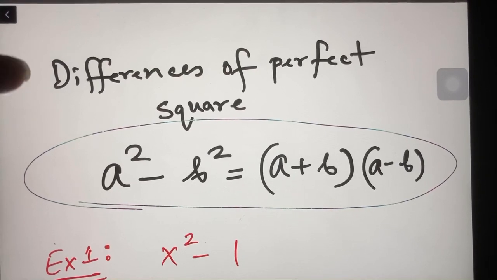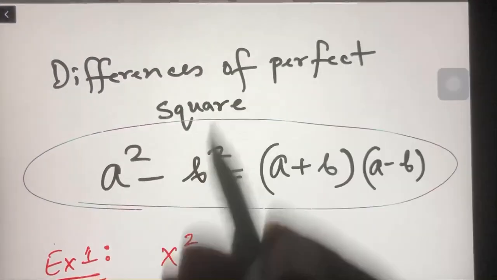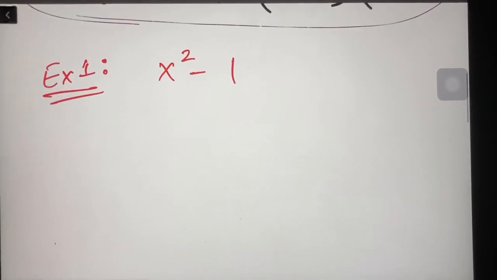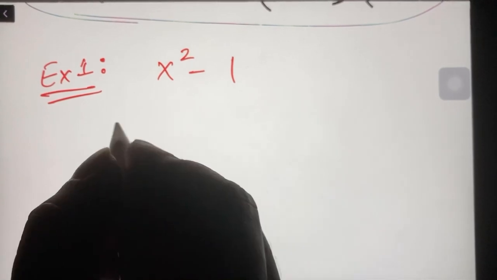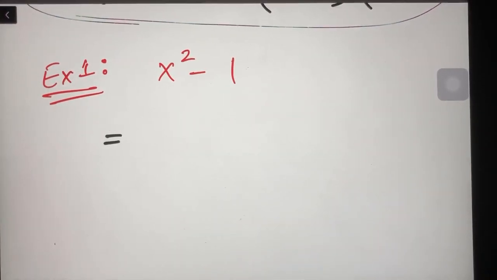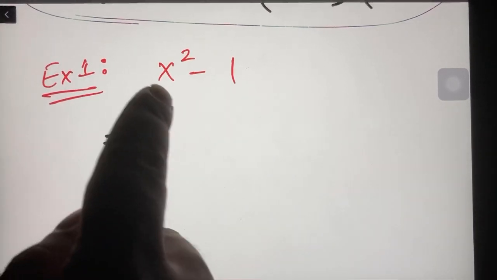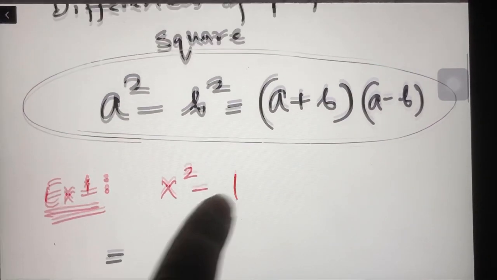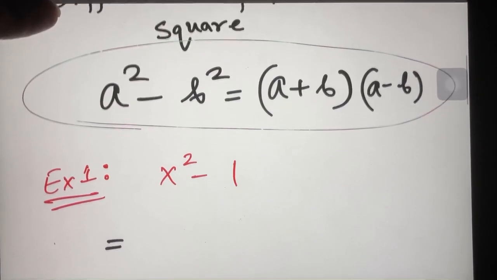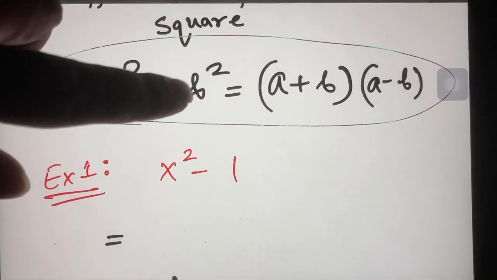All right, let's take a look at example number 1, x square minus 1. The whole idea is we want to write this in such a way that we can apply this formula. I want to have something square minus something square.